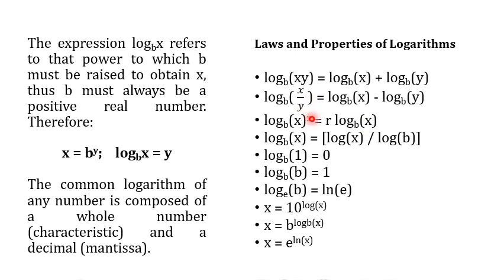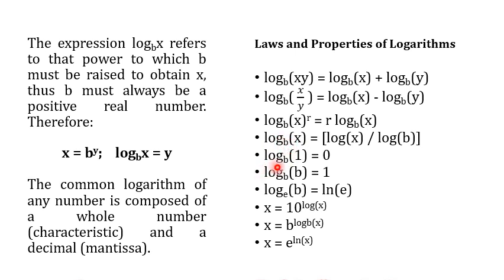So you can bring it down from the exponent. Now, let's move on to log x base b is equal to log x over log b. Right? Log x, then log b.